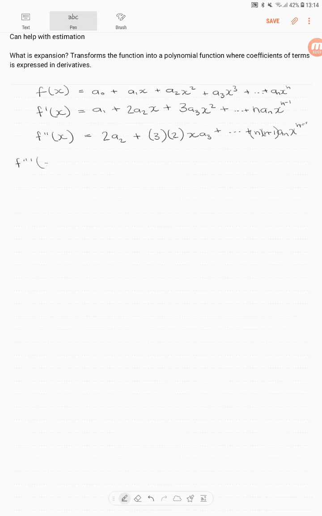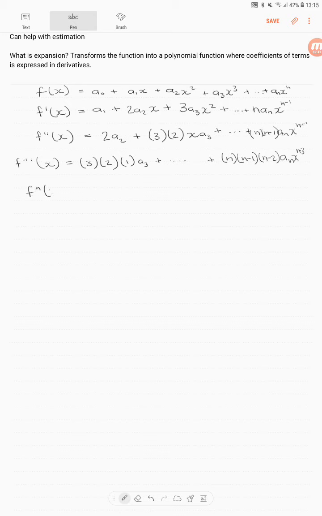Our third order derivative would be equal to, this falls away, 3 times 2 times 1 a3 plus, if we go to our nth order, n times n minus 1 times n minus 2 an x to the power n minus 3.